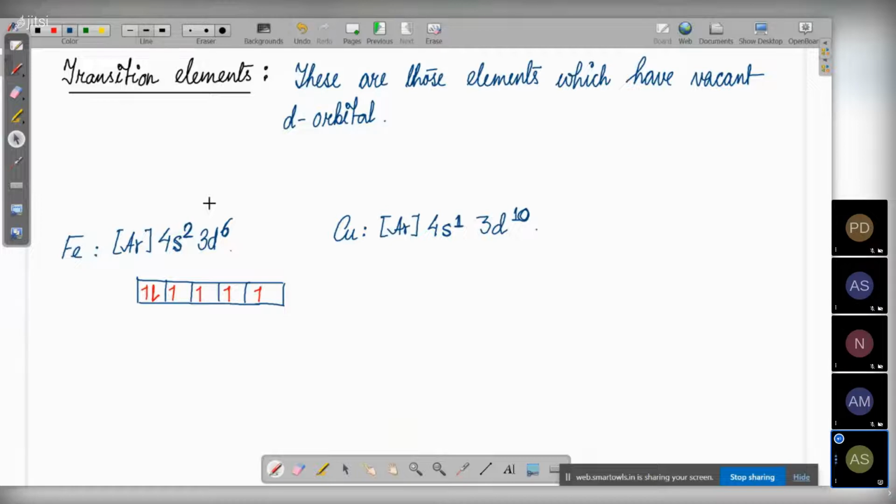But what does the definition of transition element say? That we have a vacant d orbital. So if this definition was completely correct, then according to it copper would not be a transition element, because it does not have a vacant d orbital.